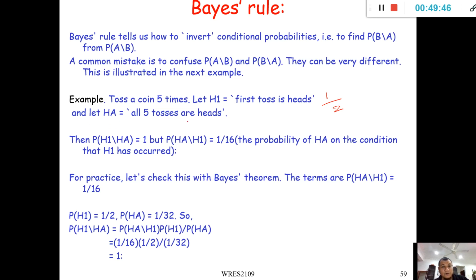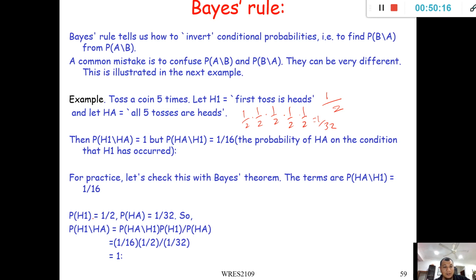Let HA be that all 5 tosses are heads, which is 1 over 2 times 1 over 2 times 1 over 2 times 1 over 2 times 1 over 2, equal to 1 over 32. Then P(H1 given HA) is 1, but P(HA given H1) is 1 over 16, the probability of HA on the condition that H1 has occurred.